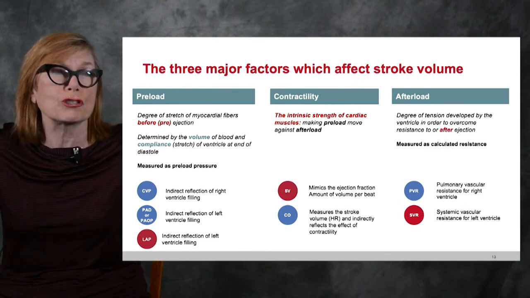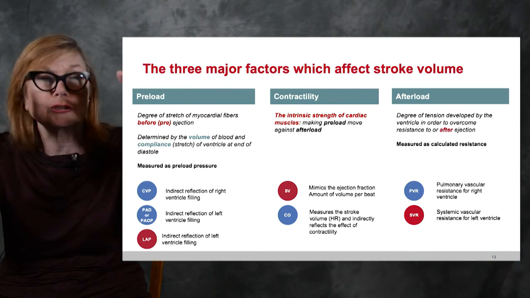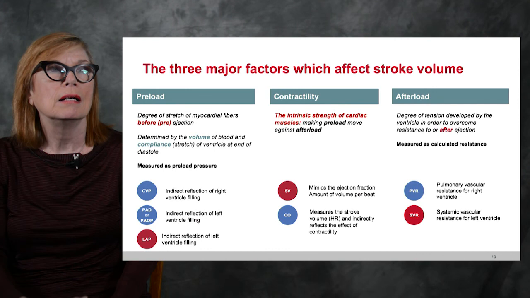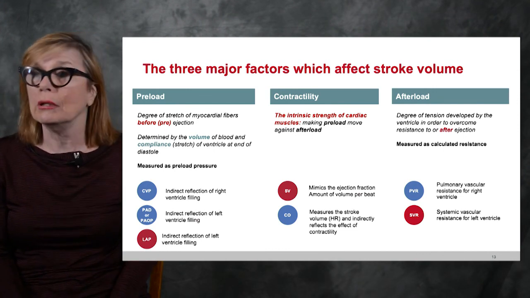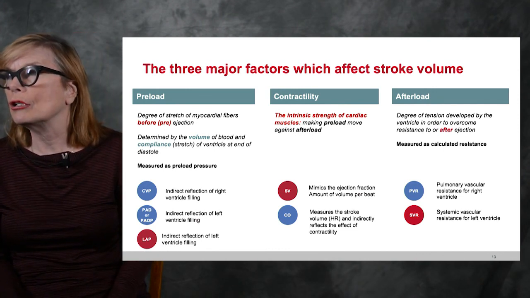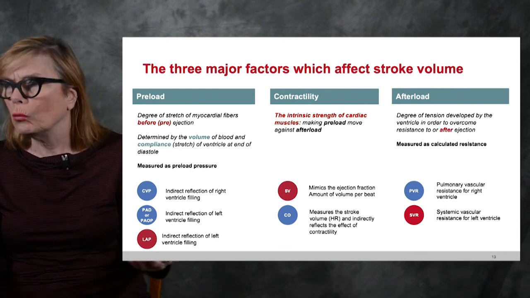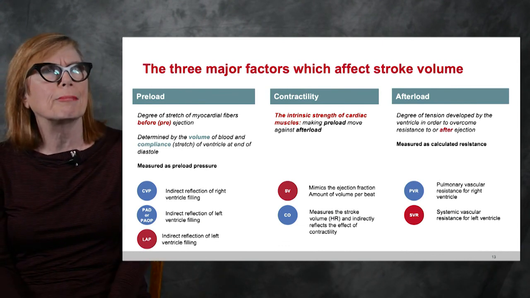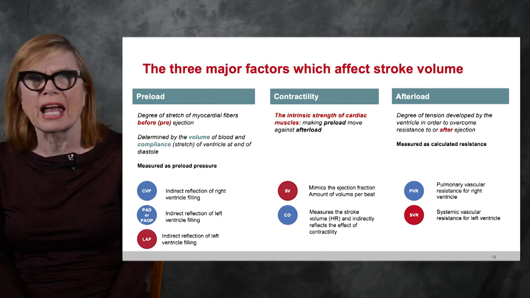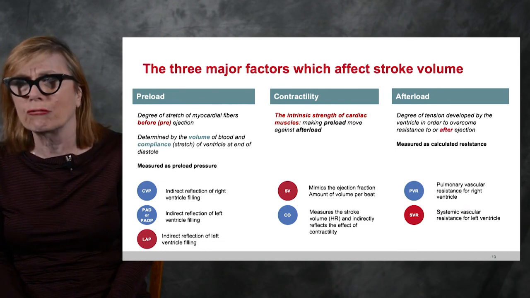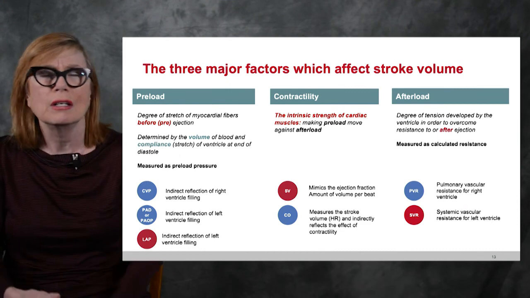That's the whole circuit that the ventricle has to bolus against. That's then divided by cardiac output, and it's converted into a measurement of resistance called dynes. We'll see the formula a little bit later, but I definitely want you to understand that that's a calculated formula. In fact, all of this is indirect.